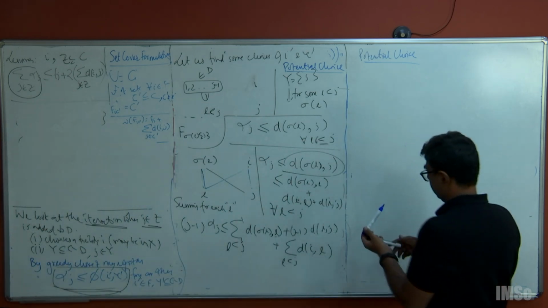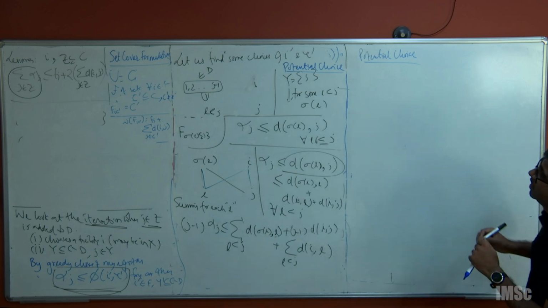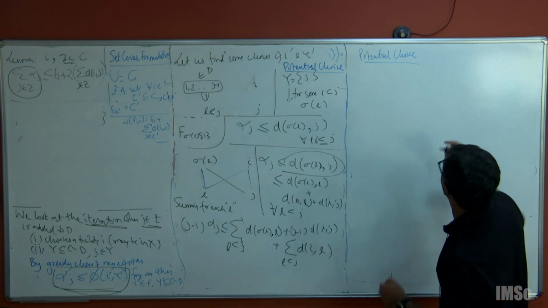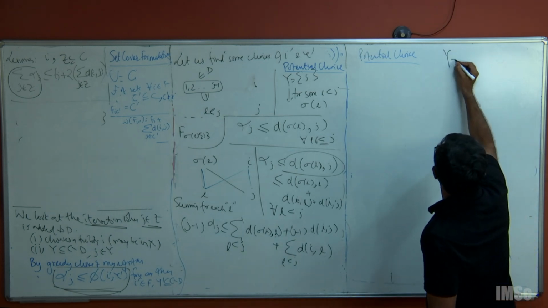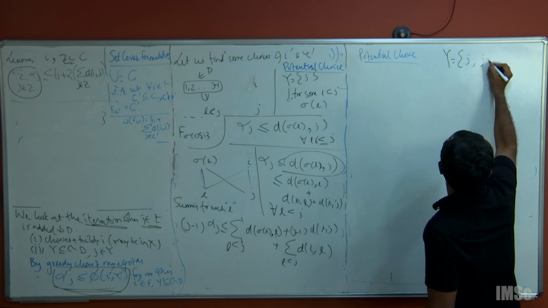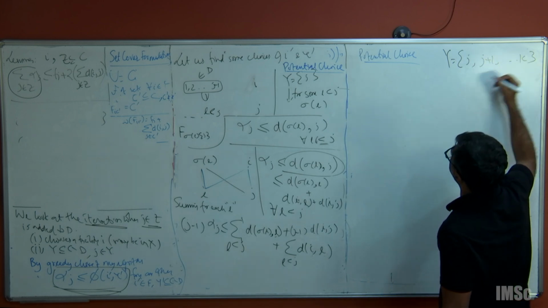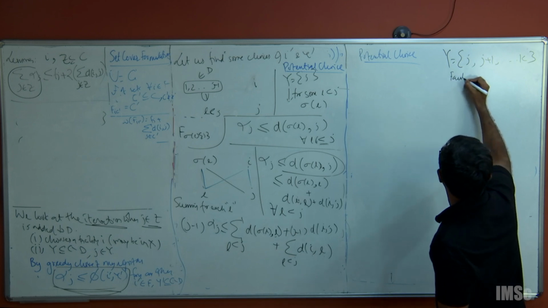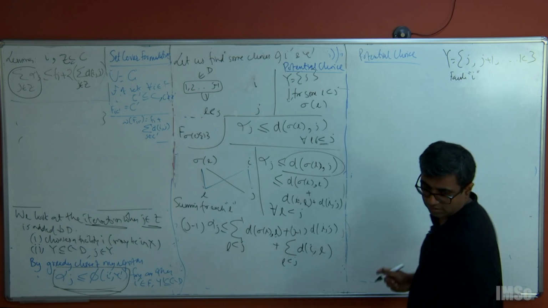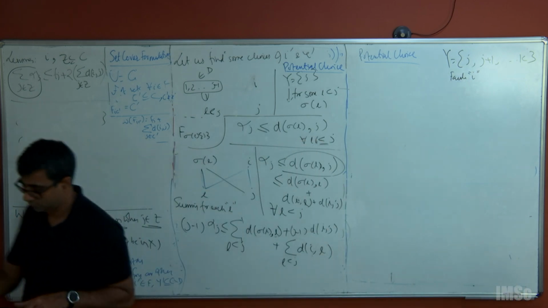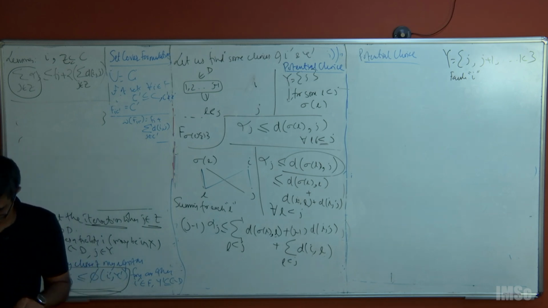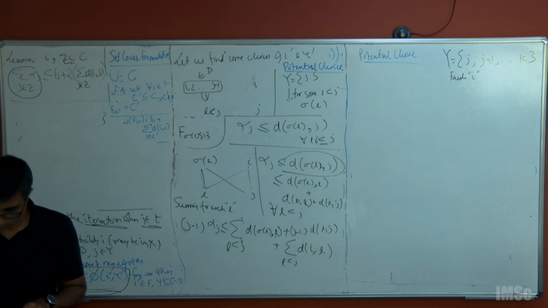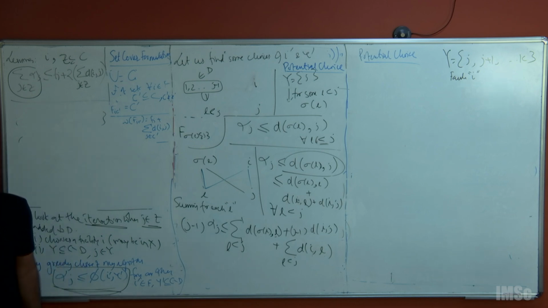Now what is the other potential choice that I said? Let's take y equal to j plus 1 to k, and facility is i. We did not do this, right? Why did we not do this?